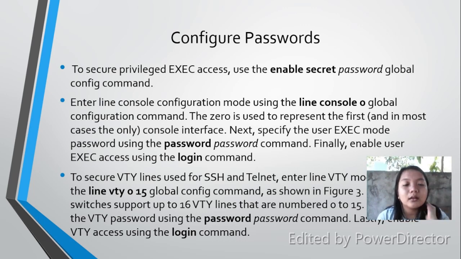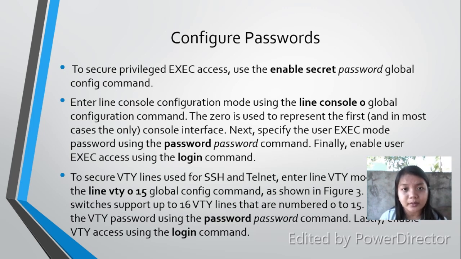In the global config, you will type the enable secret and any password that you want. Enter line console configuration mode using the line console 0 global configuration command. The 0 is used to represent the first and in most cases the only console interface.